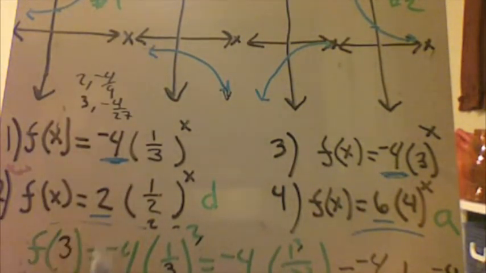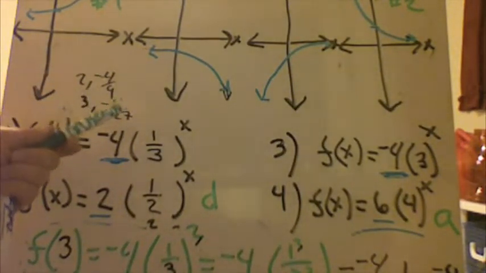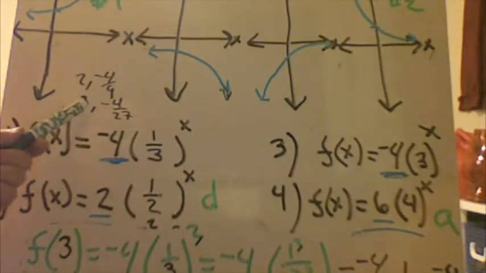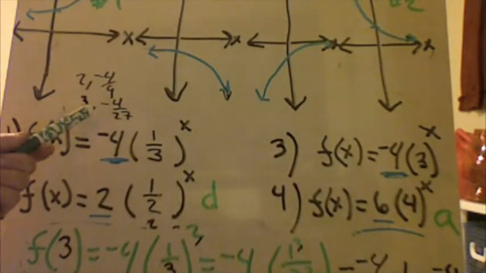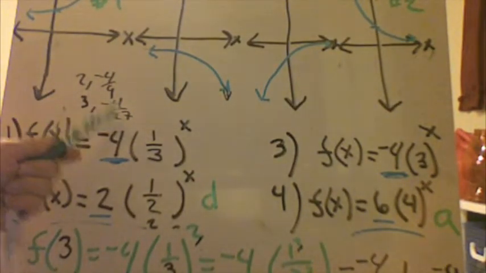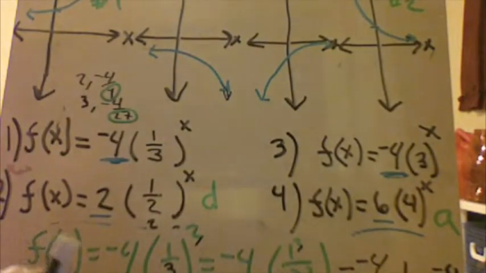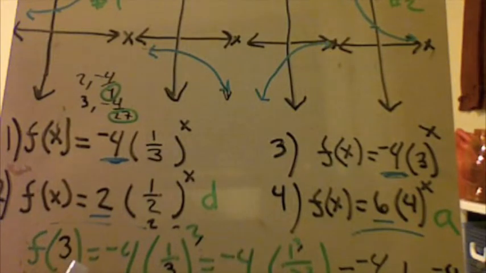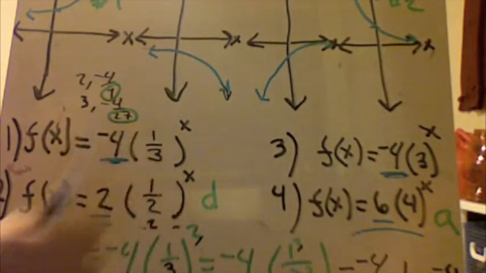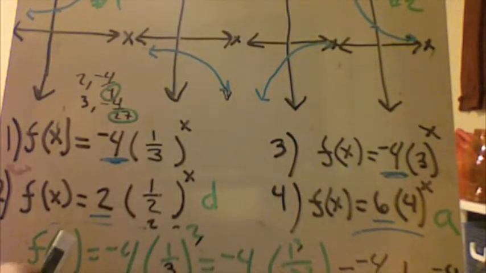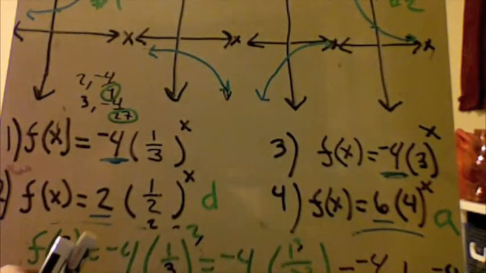Okay, well, what's going on? If you look here, as we get larger and larger in the x direction, the denominator is going to keep getting larger and larger and larger.